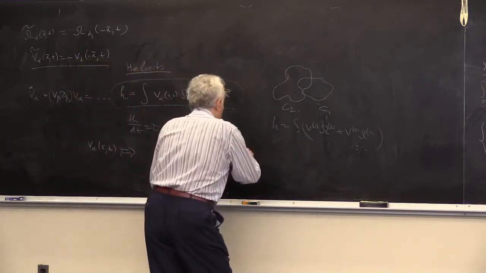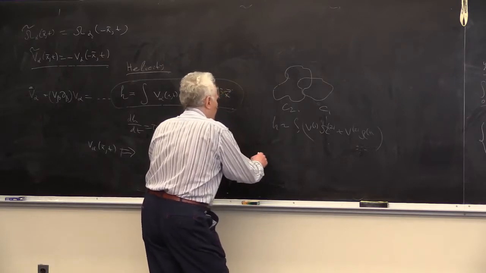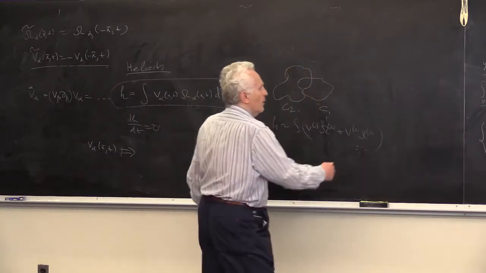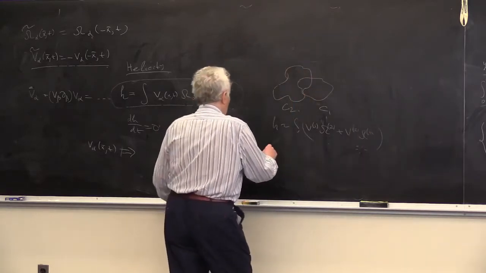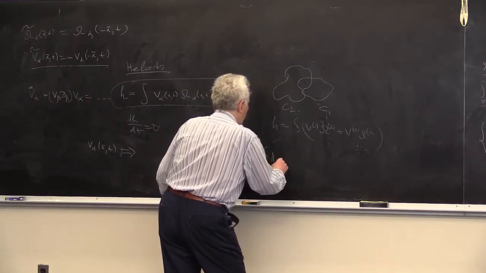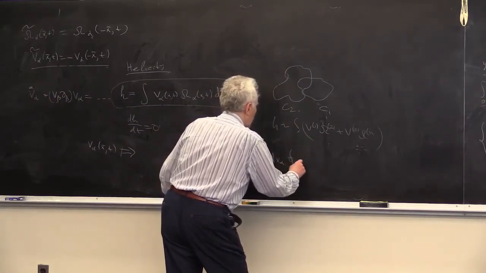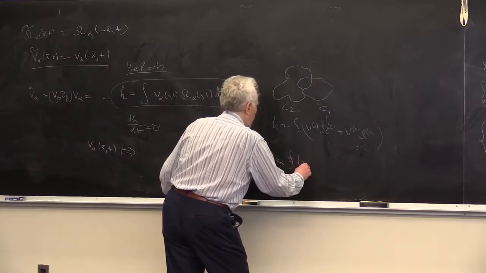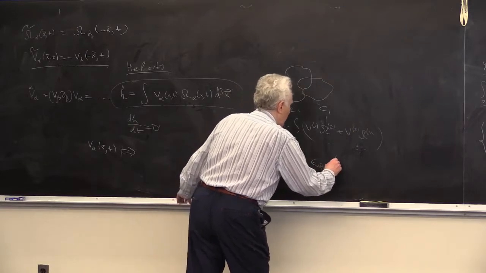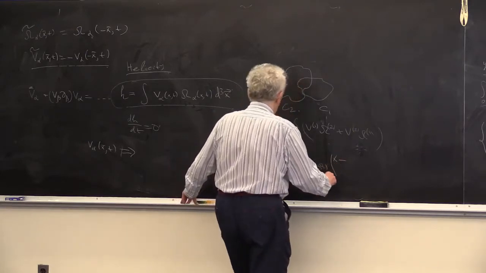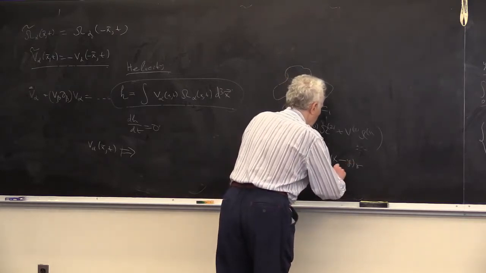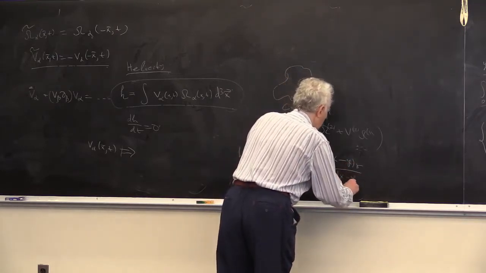It gives you this relative helicity, which, if we look at this formula, is proportional to the integral over C1 of dx alpha, integral over C2 of dy beta, epsilon alpha beta gamma, (x minus y) gamma, divided by |x minus y| cubed.